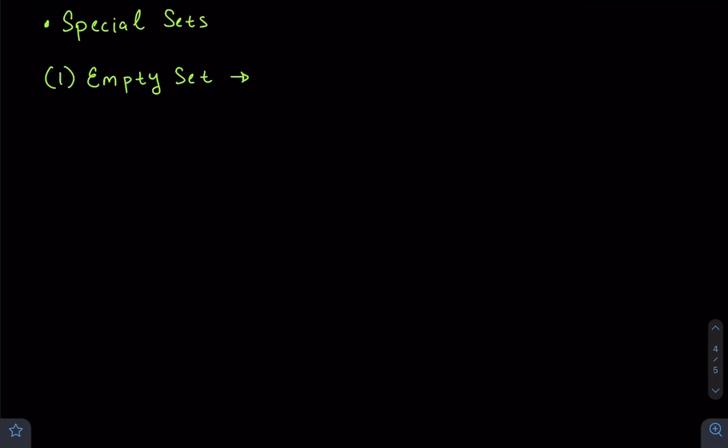So how does this look? We denote the empty set by a special symbol, which looks like this. And in set notation, it's just going to have an open brace and a closed brace. And within this set, there are no elements, no objects, no objects or elements in the empty set.